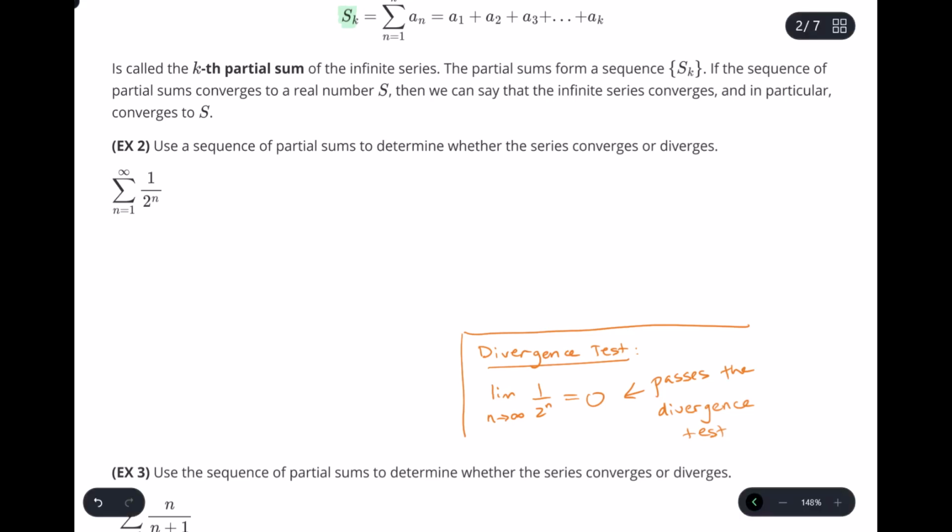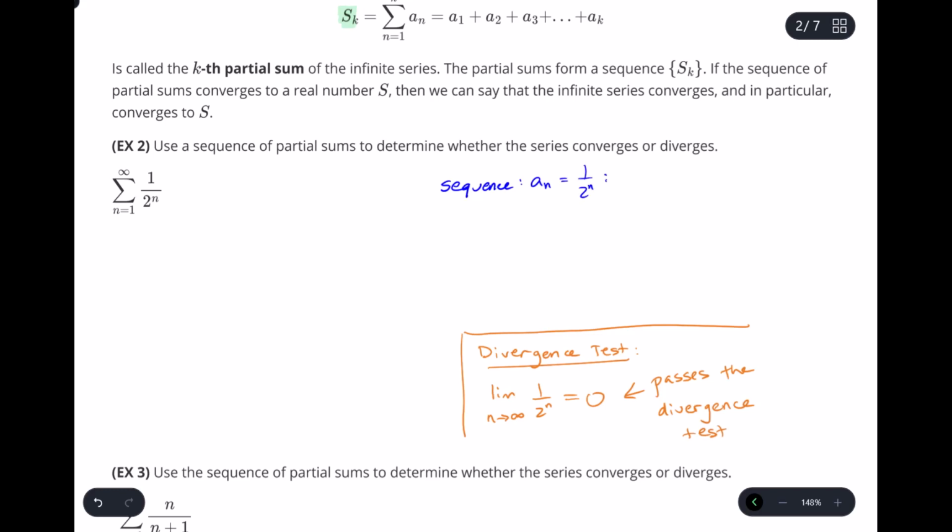All right, so here's the thing. The divergence test works on the entire series, but the partial sums work on individual sequence terms. So, for instance, here are my sequence terms. The sequence a sub n equals 1 over 2 to the n.